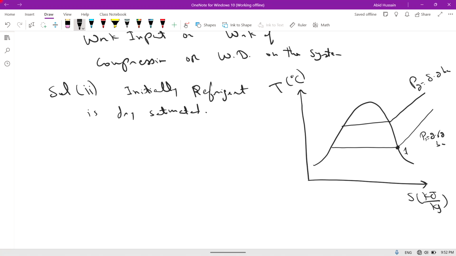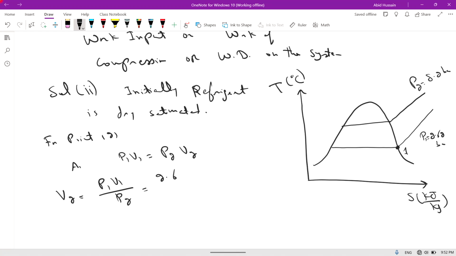So for point 2, first we find V2. As the process is according to PV equal to C, P1 V1 is equal to P2 V2. So V2 is equal to P1 V1 divided by P2. P1 is equal to 2.62 bar multiplied by V1.